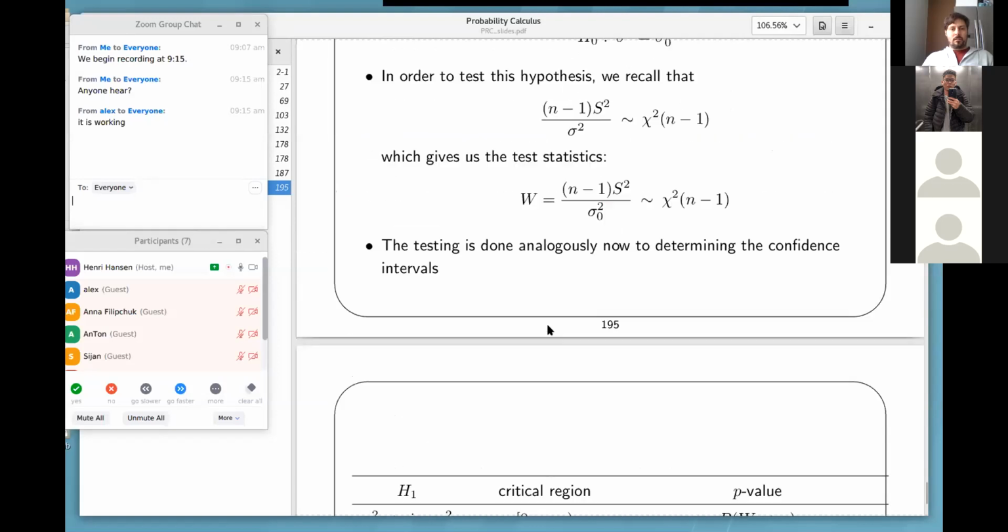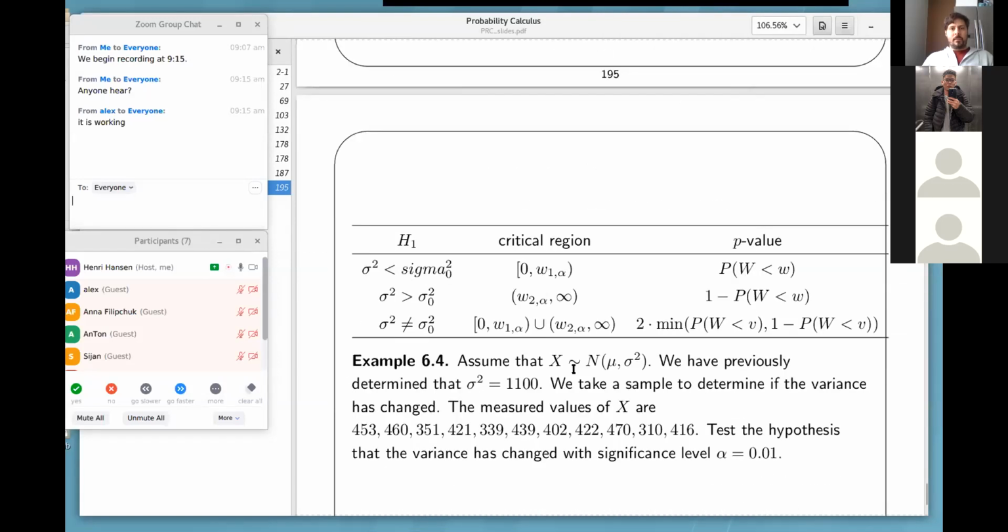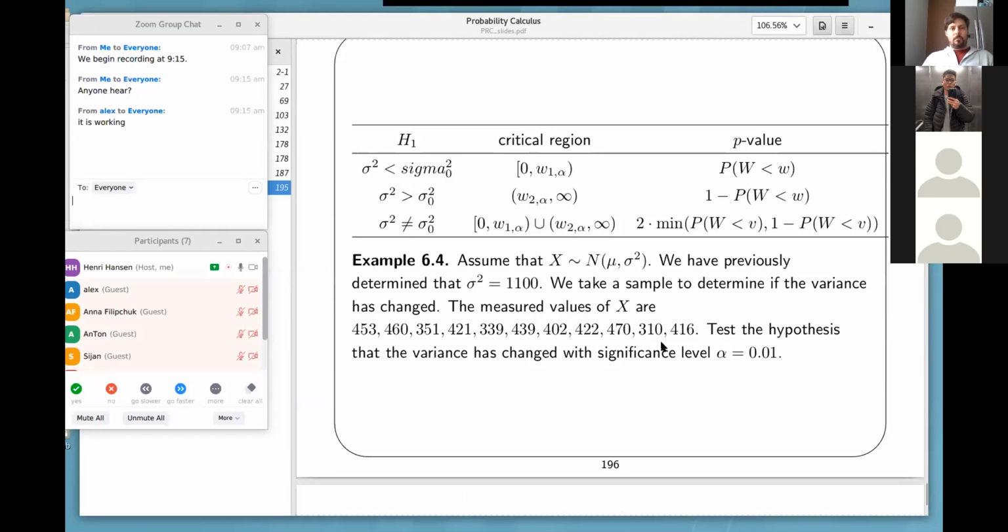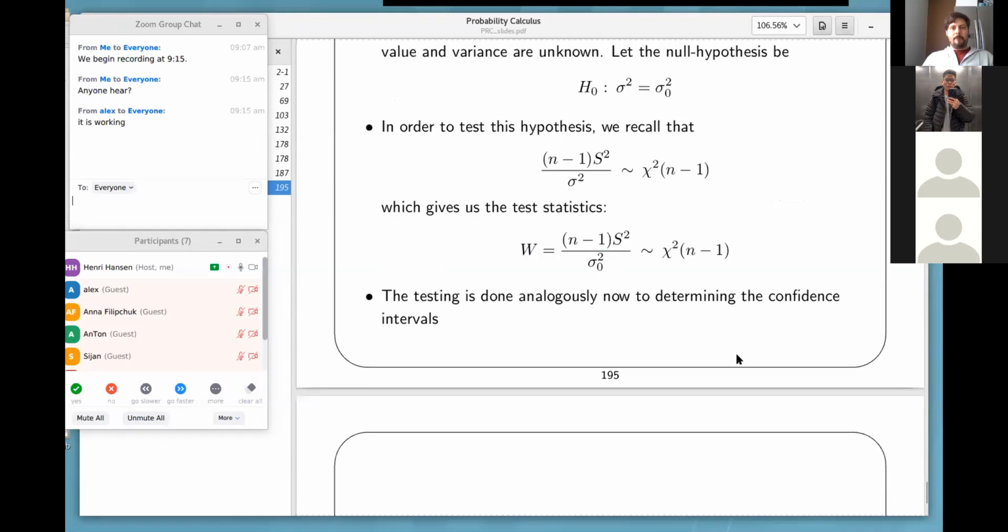Oh, sorry, there's a slight error there. So we do the same calculation here, and I'm just going to write by hand. W is equal to n minus 1 times S squared over sigma 0 squared. So this is our test statistic.